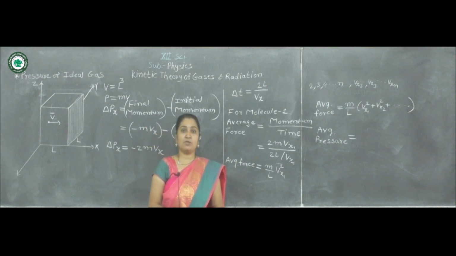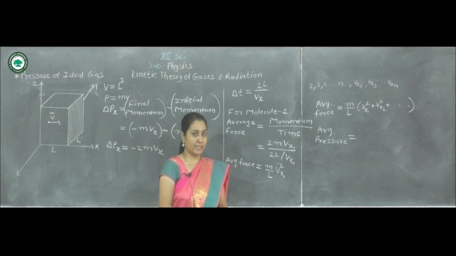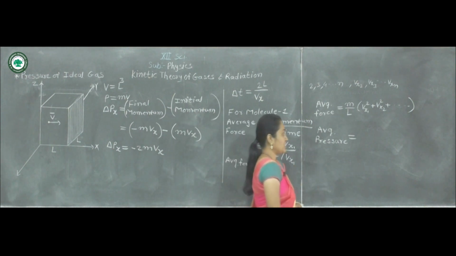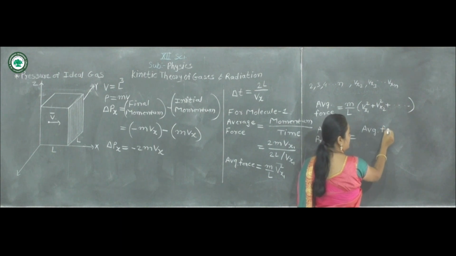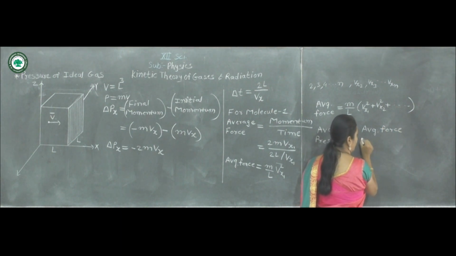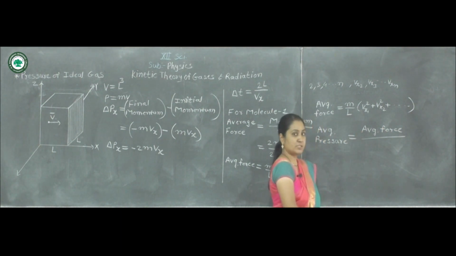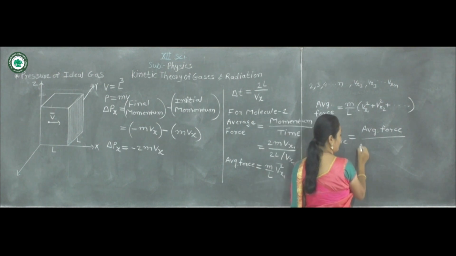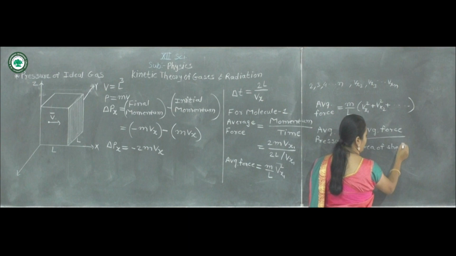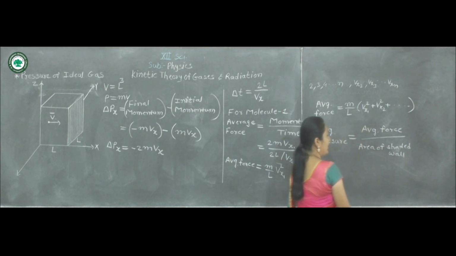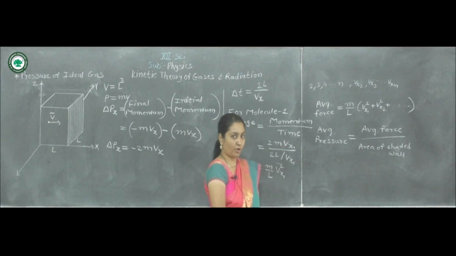So pressure equals force upon area. So here average pressure is average force divided by area of the shaded wall.